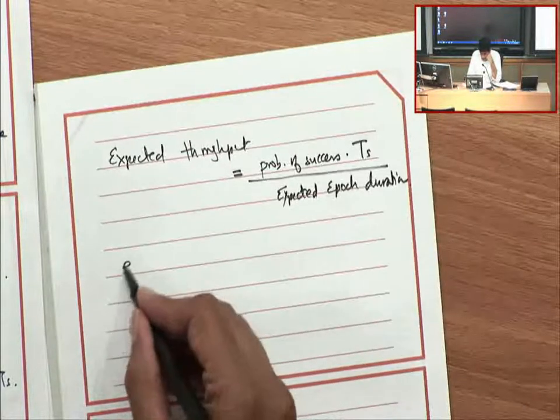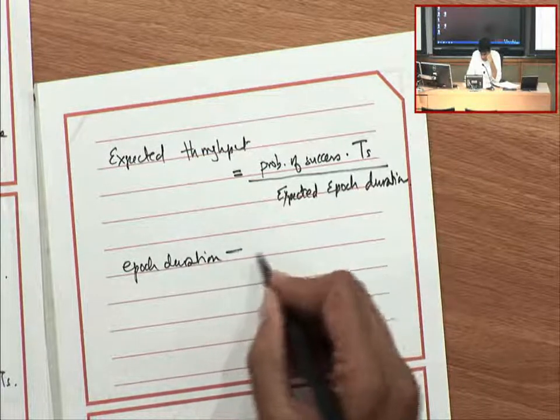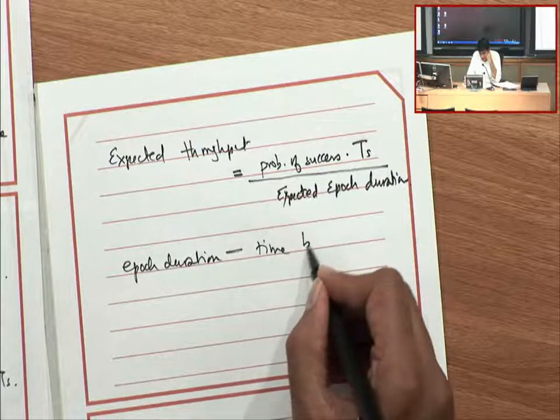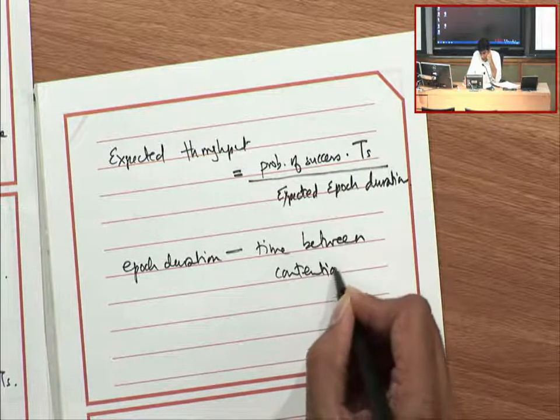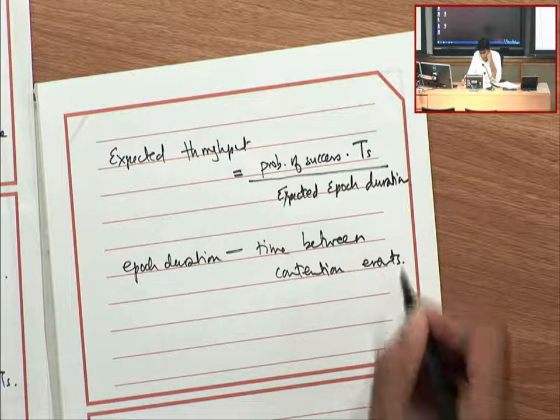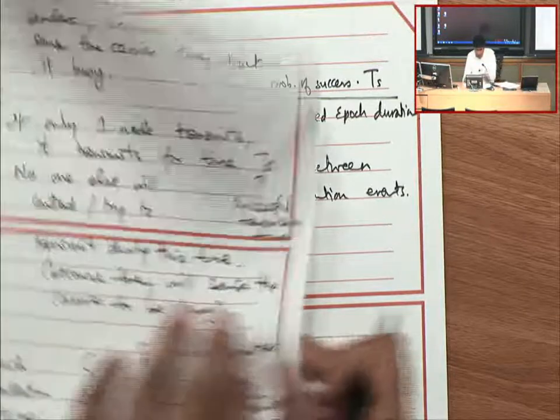Okay, so the epoch duration refers to the time between contention events.